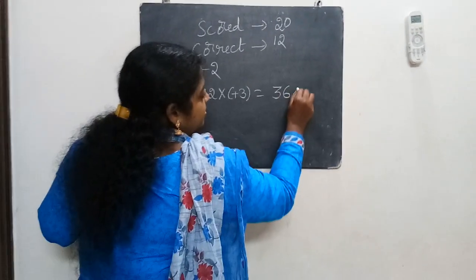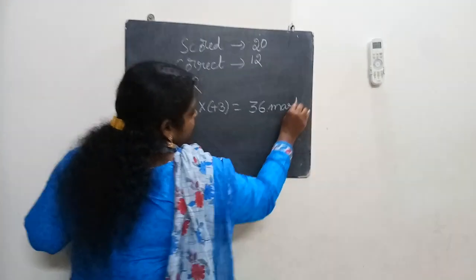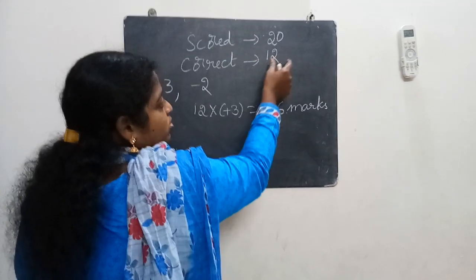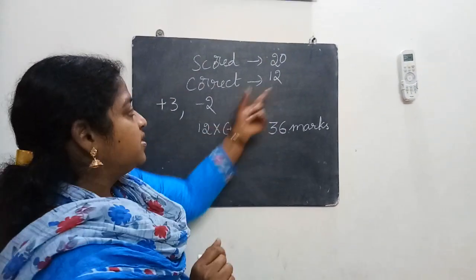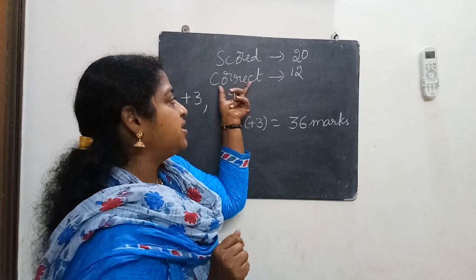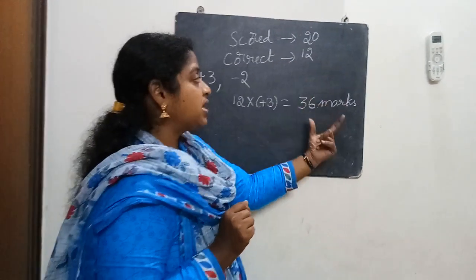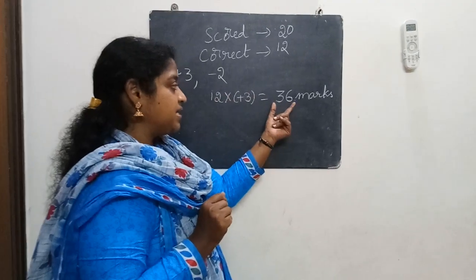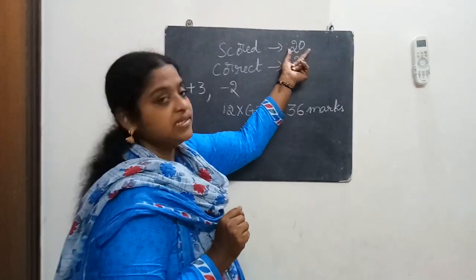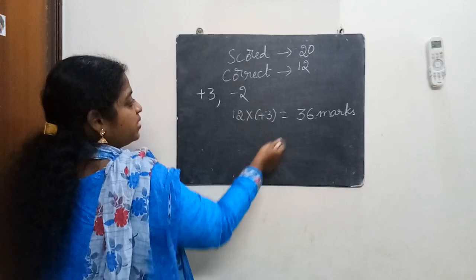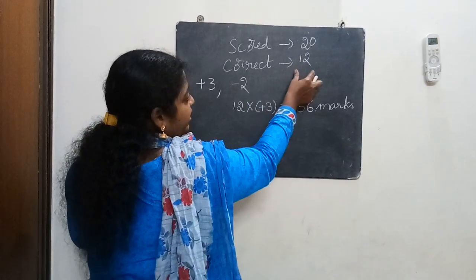Correct? But here Radhika scored only 20 marks, though she got 12 correct. And what about the remaining marks? See, here it is only 36 but here it is 20. So where are the remaining marks? The incorrect ones we have to find out.